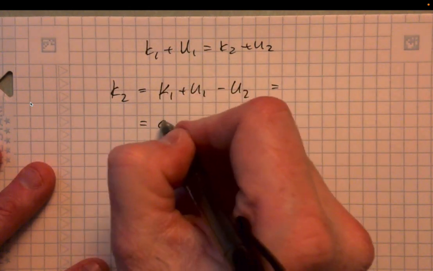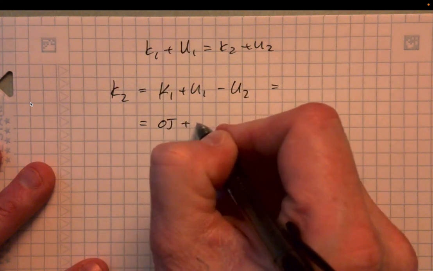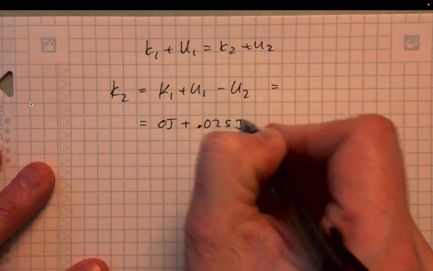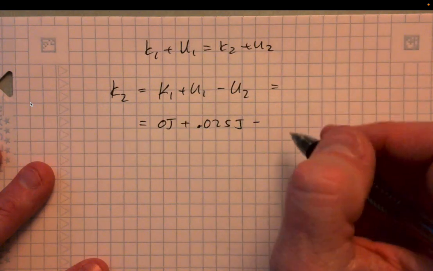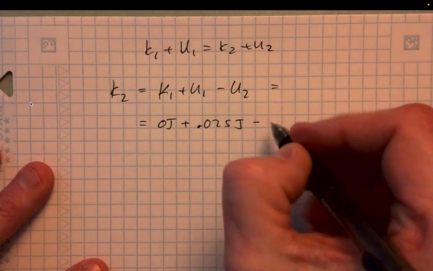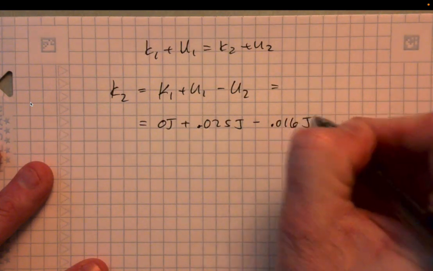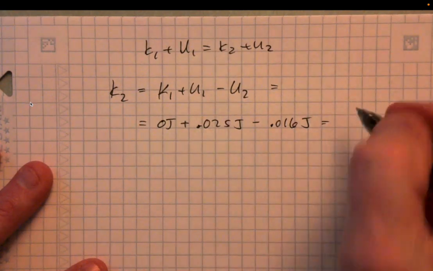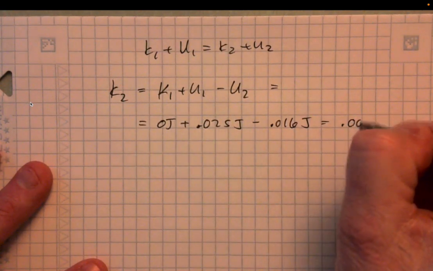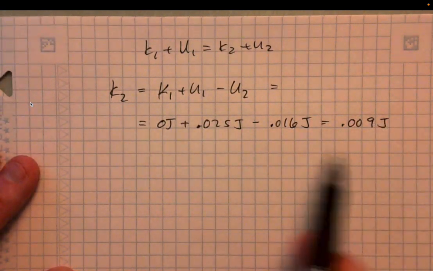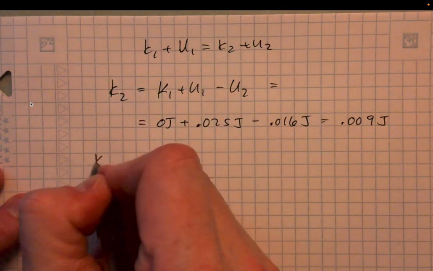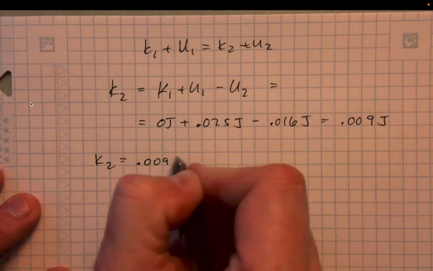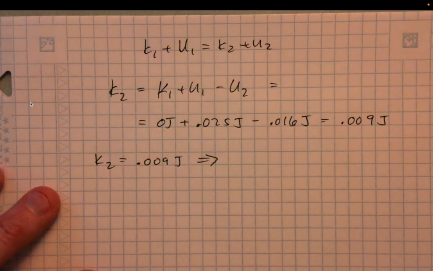They are 0 joules plus 0.025 joules, and then minus U2, which we found to be 0.016 joules. All of those together are 0.009 joules. So the kinetic energy at point 2 is 0.009 joules.